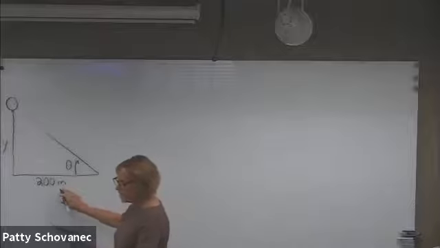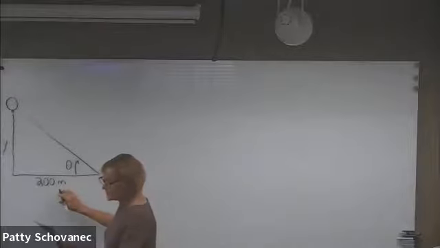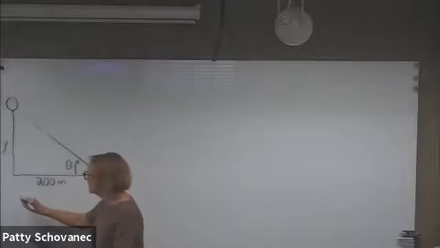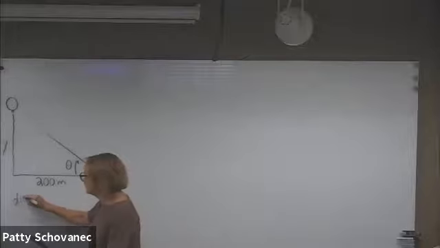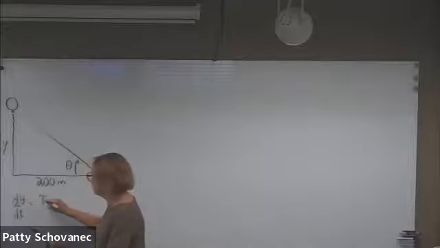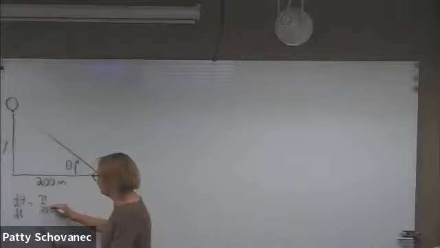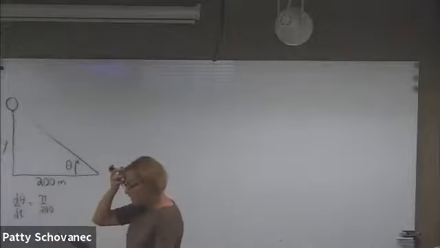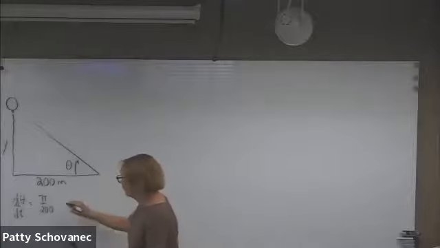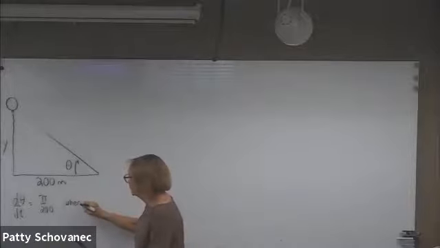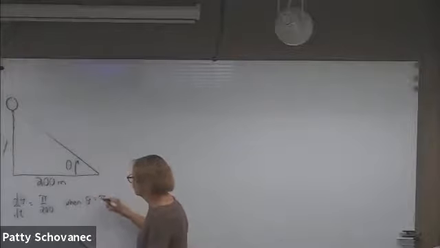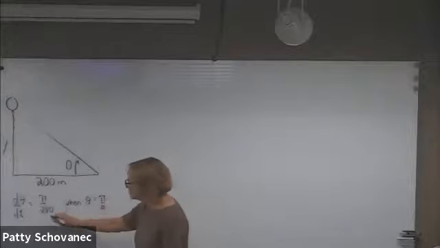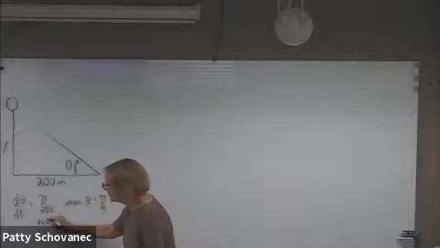So the angle of elevation, that's what I call theta, is increasing at a rate. That's a derivative. D theta dt is pi over 200. That's at the instant when theta is pi over 4. So the key that this was a rate is that it's given in radians per second.